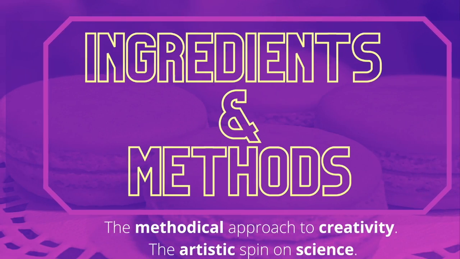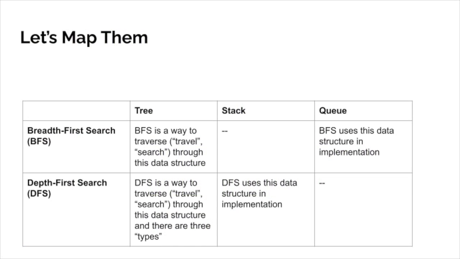So now mapping them to each other, breadth first search is a way to travel through a tree. And when you say travel, you can say traverse, and you can also say search. A queue is what the breadth first search algorithm uses in its implementation. So remember, a queue is first in, first out.